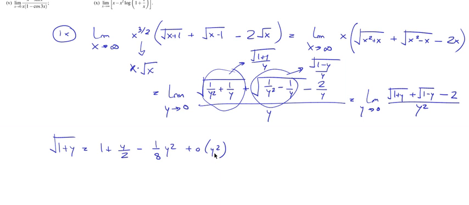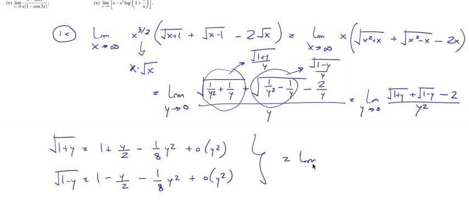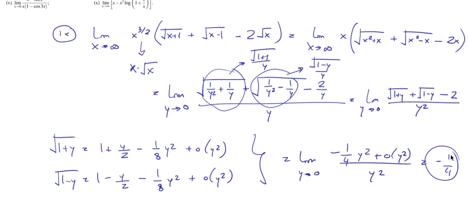And then this other thing is 1 minus y over 2 minus 1/8 y squared, plus small o of y squared. Now you write this here. This is the limit when y goes to 0 of 1 plus 1 minus 2 goes away, y over 2 minus y over 2, and then you have minus 1/4 of y squared plus small o of y squared, divided by y squared. So the limit of this is minus 1/4.